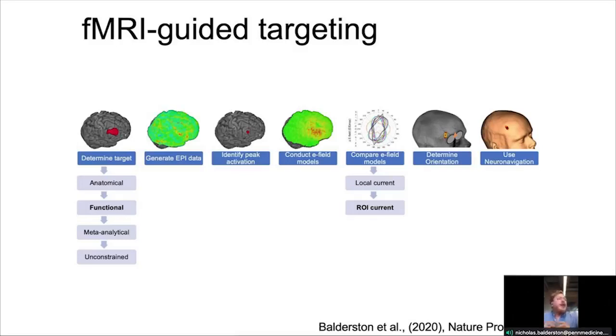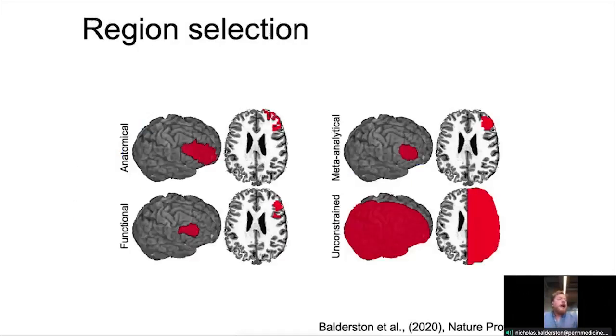Then I used that as the site of stimulation. I conducted E-field models at orientations around that site, adjusting the yaw orientation, and then used the orientation to optimize the E-field strength at that site of stimulation.